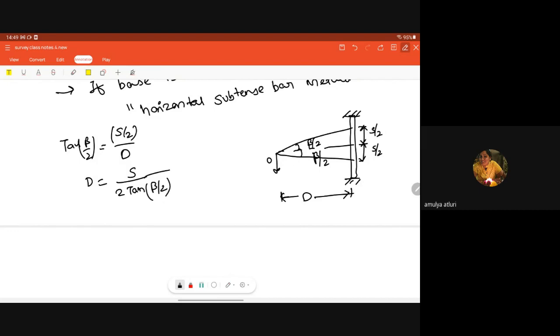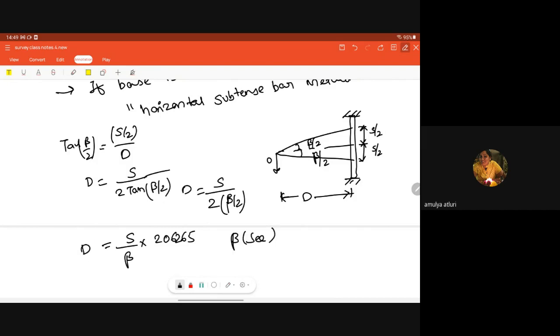When beta is taken in degrees, D is equal to S by 2 into beta by 2. I can also write it as S by beta into 206265, where beta is in seconds.